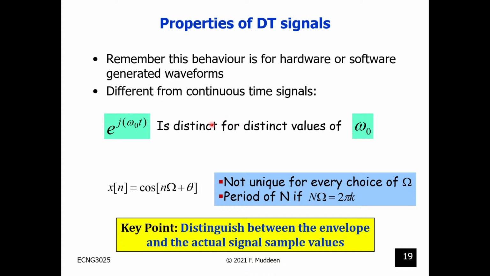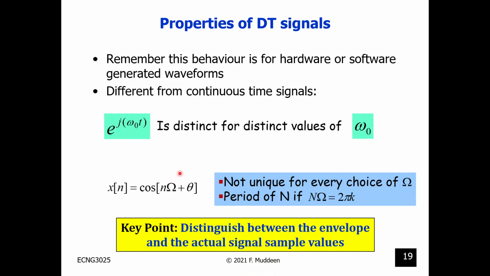The reason for this is that e^(j omega naught t) in continuous time signals is going to be distinct for distinct values of omega naught. But when you move into discretized time, we represent this omega naught as capital omega, because the common form of the Greek letter represents continuous time, while the capital form tends to represent discretized time.